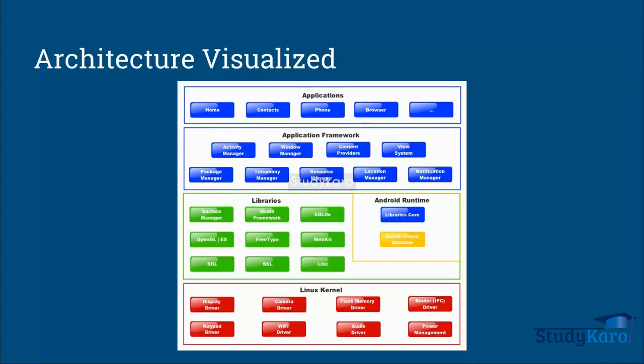That's the blue portion, right above the green portion, and then right above that are the applications. Those are all the things that we are going to create. You'll notice that it says home, contacts, phone, and browser. Those are default applications that Google, or Android I should say, has already created for us.